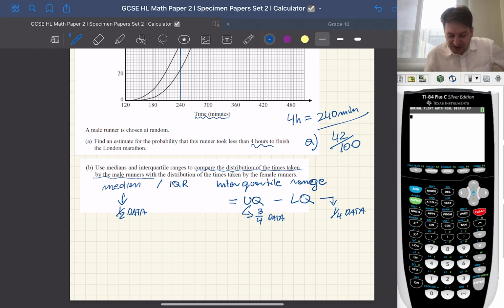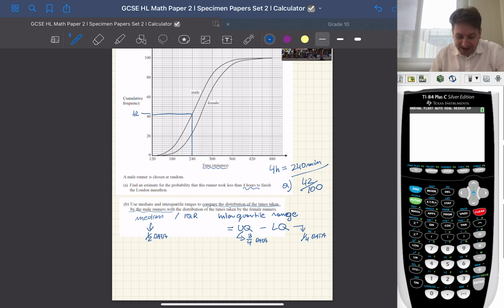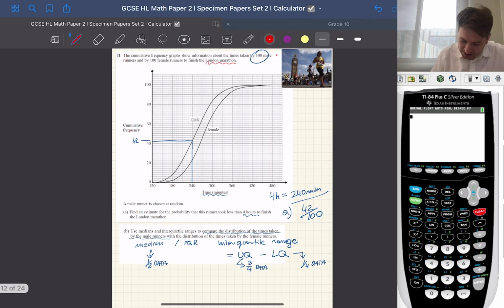Sometimes box plots can be used in this type of situation. So you do need to use your table, by table, I mean the graph for this. This is going to take a little bit longer. You're going to have to compare this. So the best idea is to create ourselves a little table.